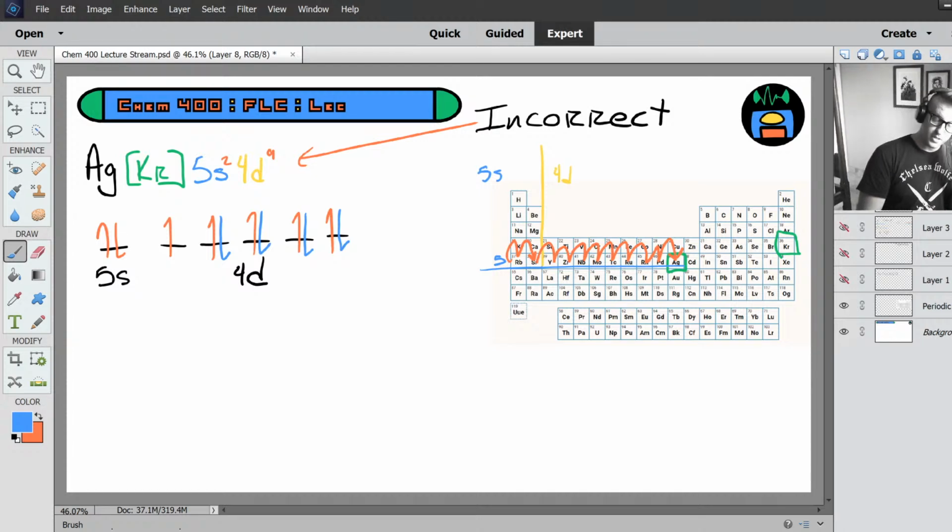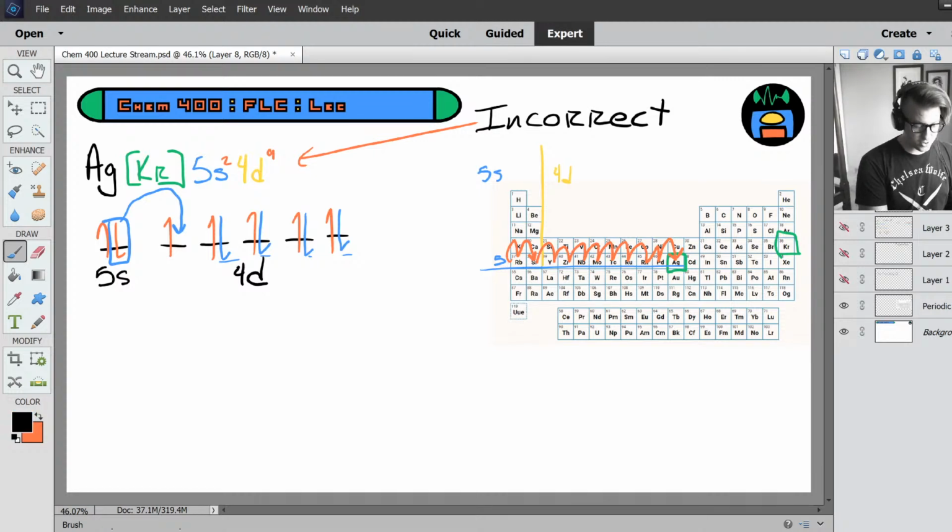You'll remember that in the previous example I said anytime you have 4 electrons with parallel spin, the magnetic strength of those spins adding together will be strong enough for them to steal an electron, promote an electron from the S up into the D. And that is exactly what happens right here. You can see that we have 1, 2, 3, 4 electrons with parallel spins. In this case, they're pointing down, but they're still all parallel. So they're going to steal 1 electron from the S subshell and promote it up into the D subshell.